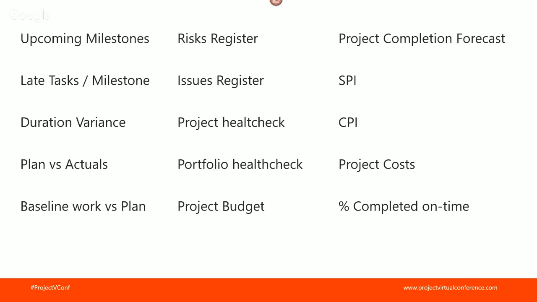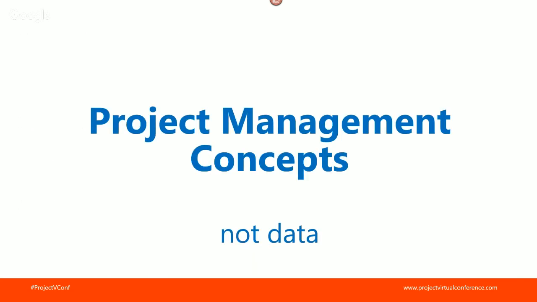We're talking about risks and issues, health check, portfolio health check, SPI, CPI, forecast of the project completion, costs, percent of the project completed on time and/or tasks completed on time. And if you see, it's not really data, it's really project management concepts. It's all about project management.